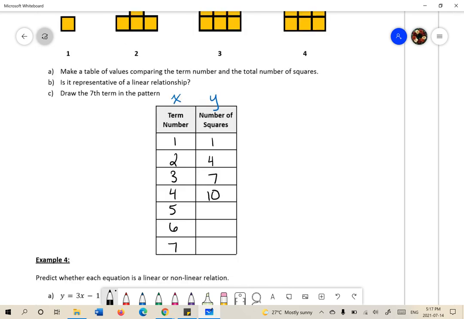Before we complete the rest of this table, let's answer B. Is our table of values representing a linear relationship? Well, let's find the first differences. First, I'm going to ensure that my x values are evenly spaced, which they are. They're increasing by a constant. So now I can continue with finding first differences.